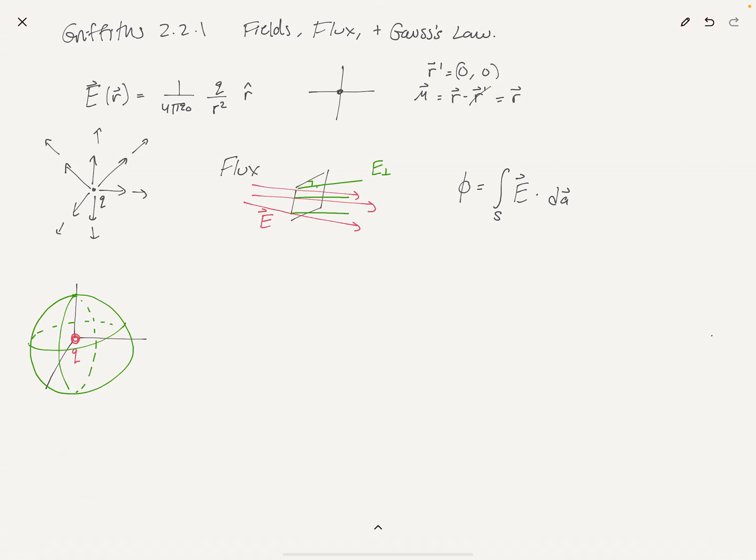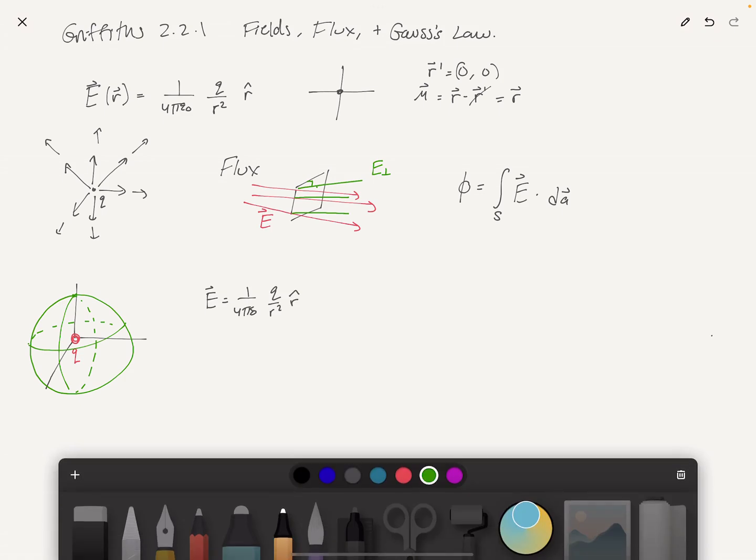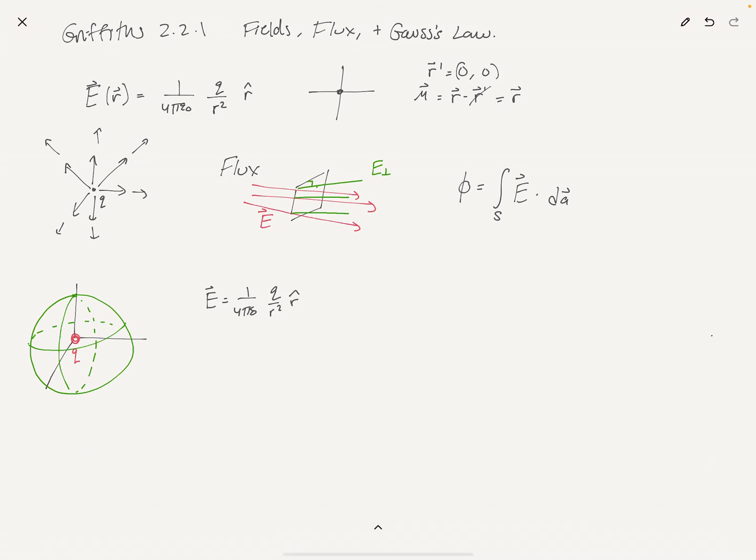Okay, so how do I calculate the flux here? I take my electric field for my point particle, which is going to be 1 over 4 pi epsilon naught q over r squared, r hat, and I dot it with an infinitesimal area vector, that is some patch of area on my sphere.